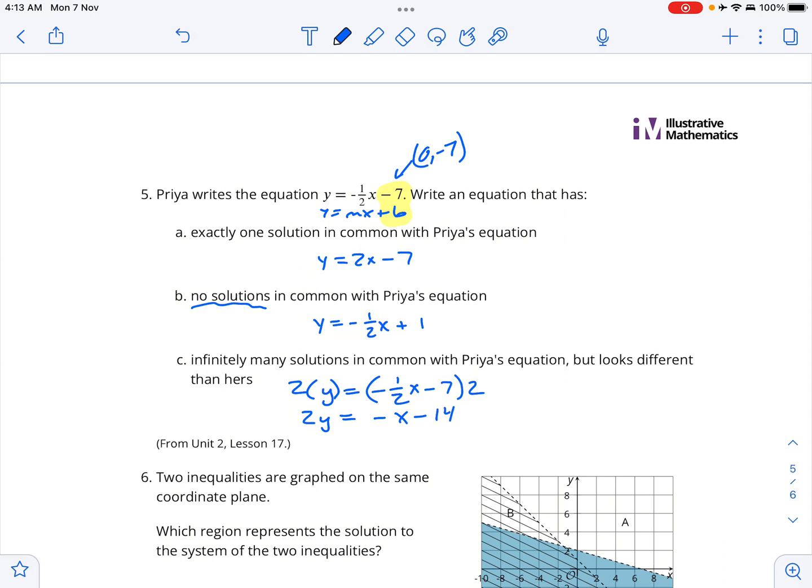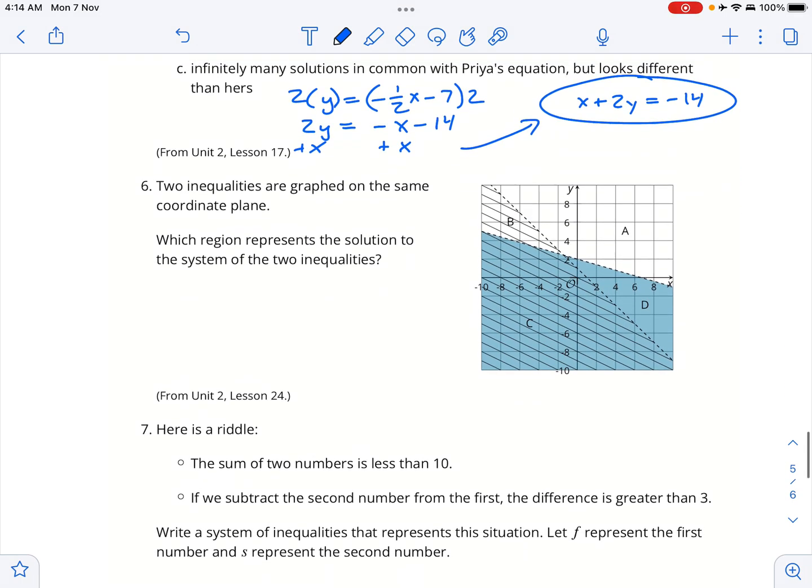And you can also create an equivalent expression. I could just leave it at that, but I'm going to go ahead and add the same thing to both sides. Add x to both sides. That would give me x plus 2y is equal to minus 14. So that equation right there is the same as Priya's equation, but it looks in a different format. But they're equivalent to each other, so they'd have the same solutions. And if you graph those two lines, it would be the same line.